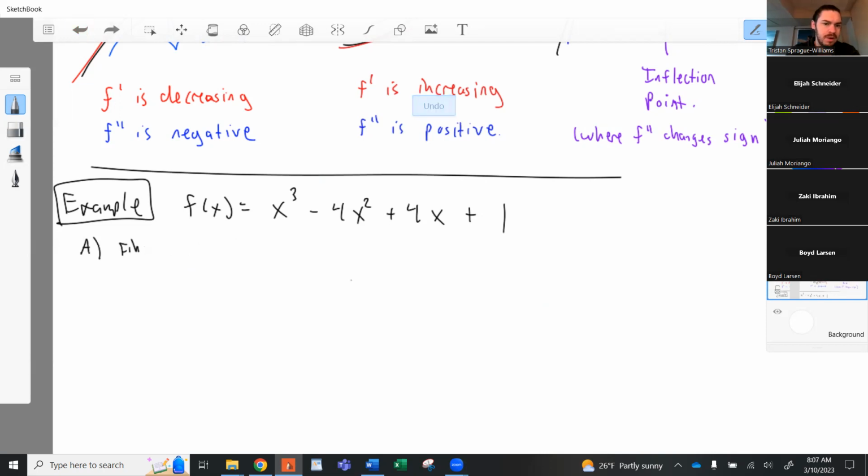The first thing I want to do is analyze concavity.